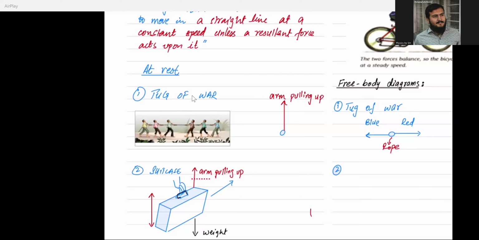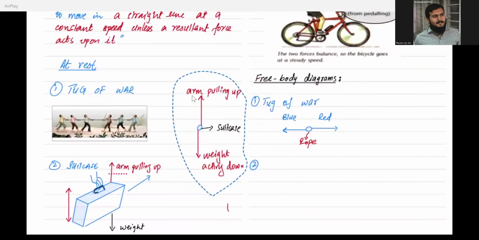And what is the other one? Weight. Weight acting downward. And what is this dot? This is the suitcase, right? Okay. So this is the free body diagram for the suitcase. Any problem? Any confusion?